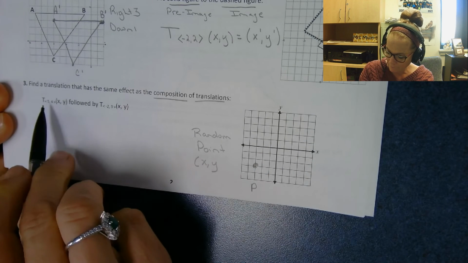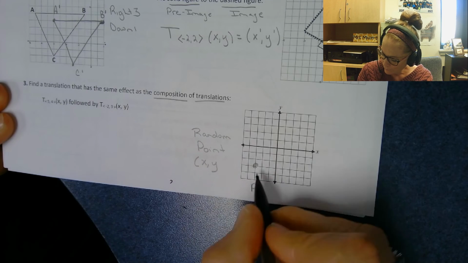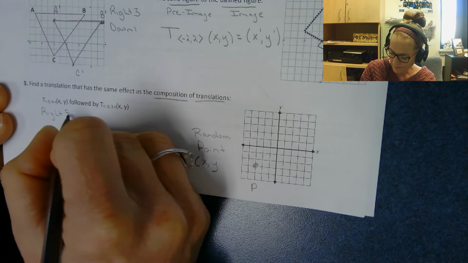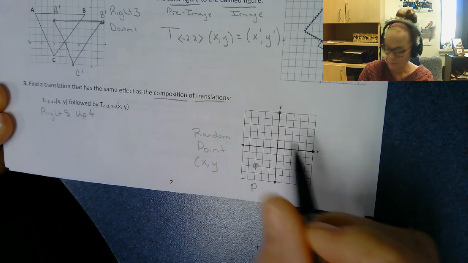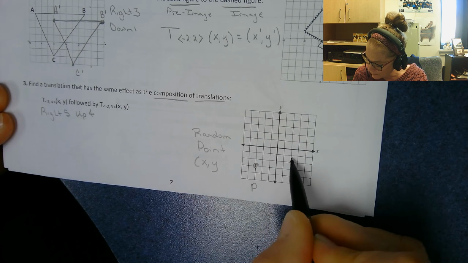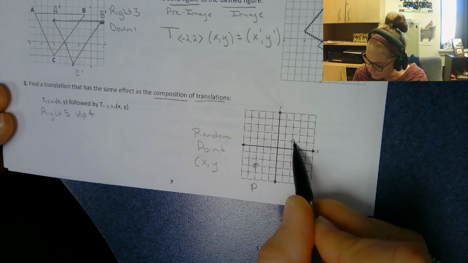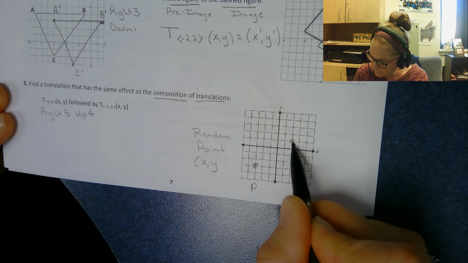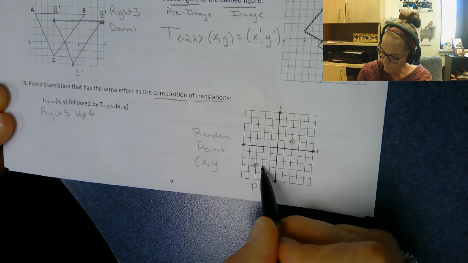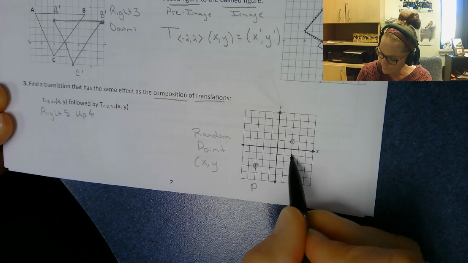Okay, so if I go right 5, up 4, 1, 2, 3, 4, 5, 1, 2, 3, 4, I land here. Okay, so this is a mid step right here. 1, 2, 3, 4, 5, 1, 2, 3, 4.